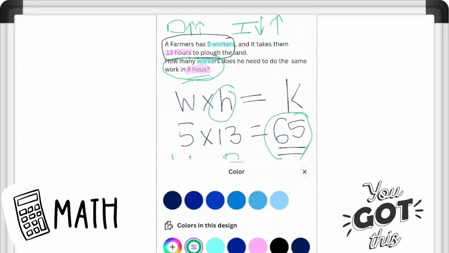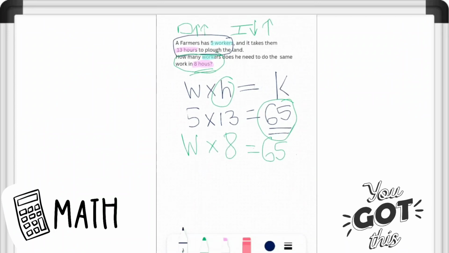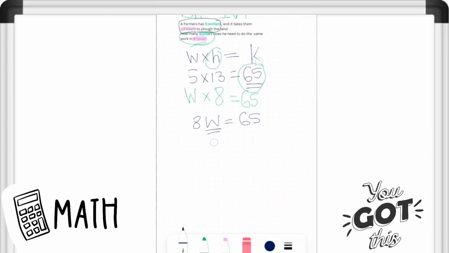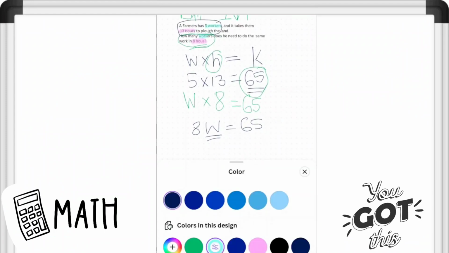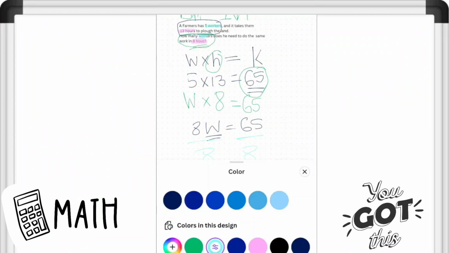So if we go and calculate, this is a normal equation. W times 8 is 8W, and that gives me 65. Now, I want W alone because I need to know how many workers I need. So that means I have to divide both sides by 8.